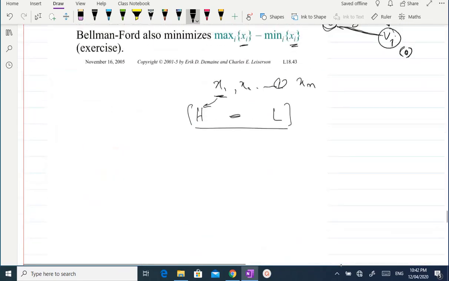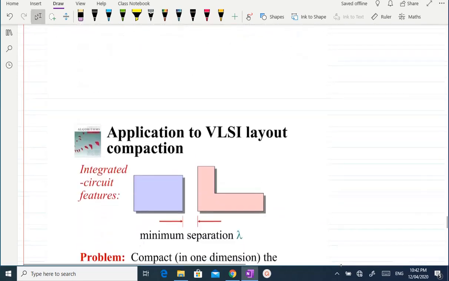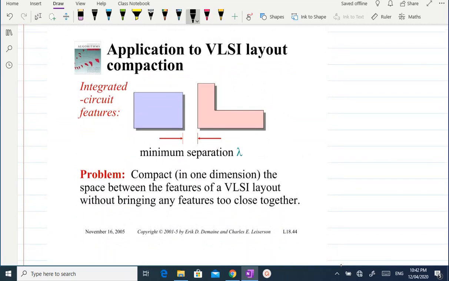There is a very good application of this second point. If you look at a VLSI layout, let me give you a layman's terms explanation of this. Think of it that there are two components, electrical components 1 and 2.